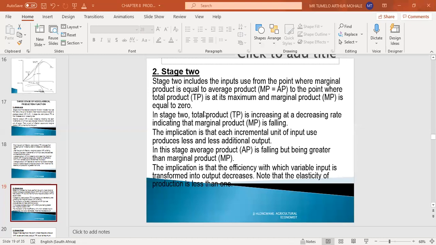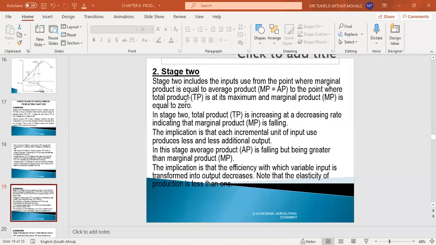But in stage 2, they don't tell you that this is stage 2. They just say, calculate the level of X when the TPP is at its maximum. You must know that TPP reaches its maximum in stage 2, and it is at a point where the marginal physical product is 0. This point is very important, ladies and gentlemen.